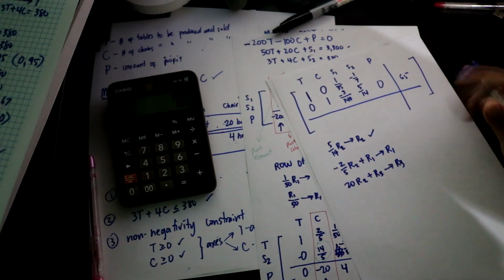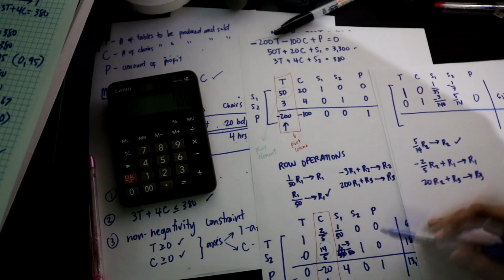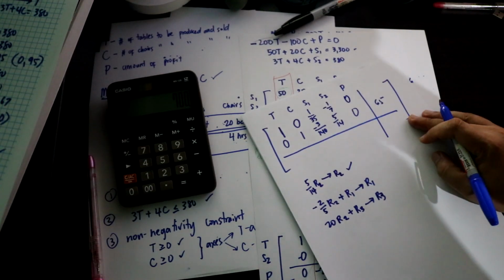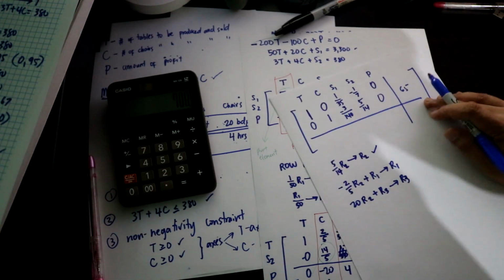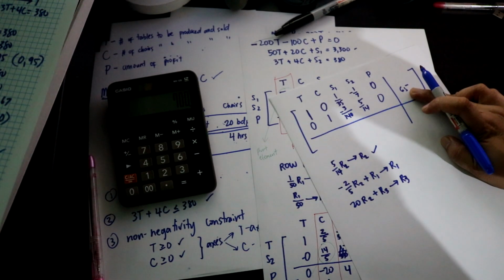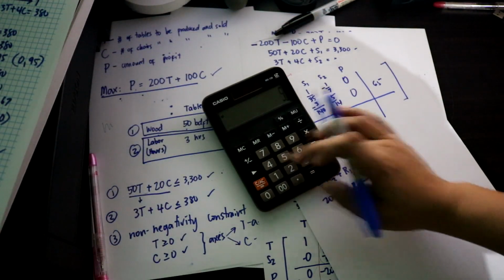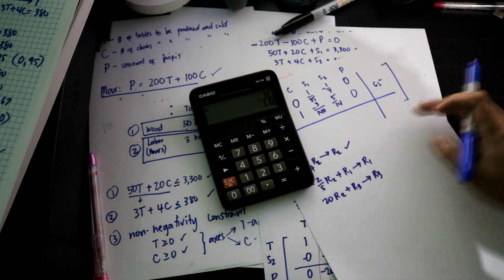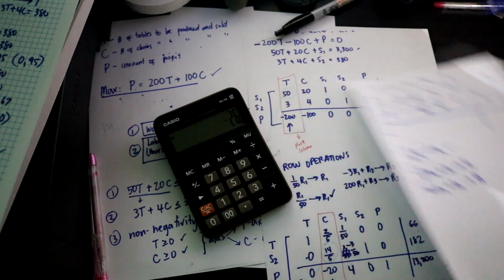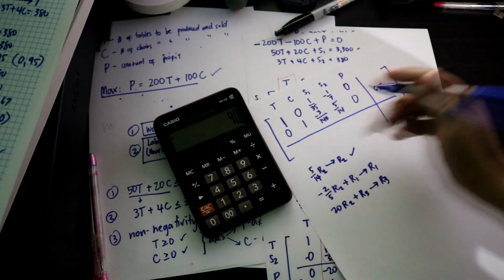Then negative 2 over 5 times 0 is 0, plus 0 would be 0. Then negative 2 over 5 times 65, negative 26, plus 66, that would be 40.